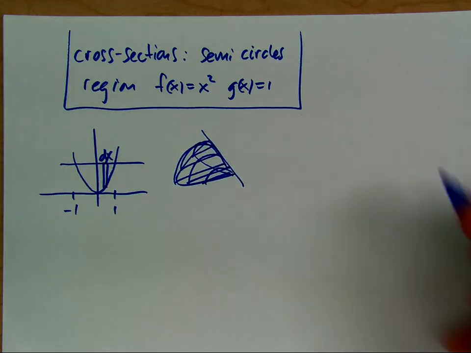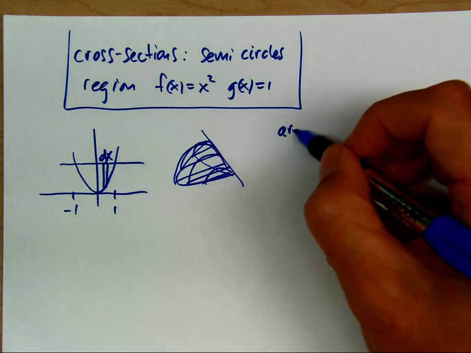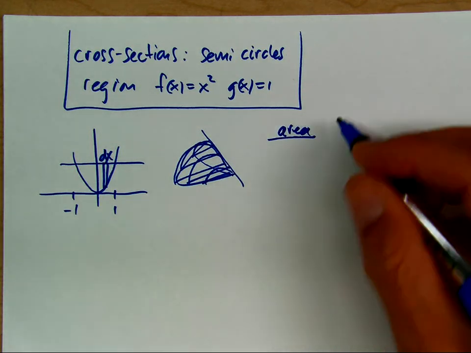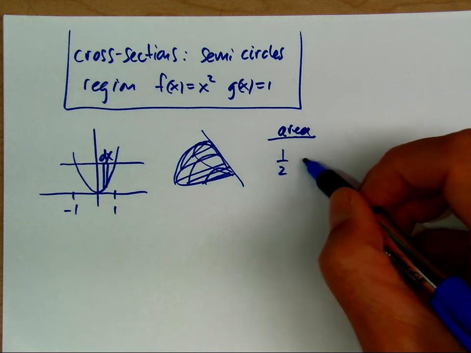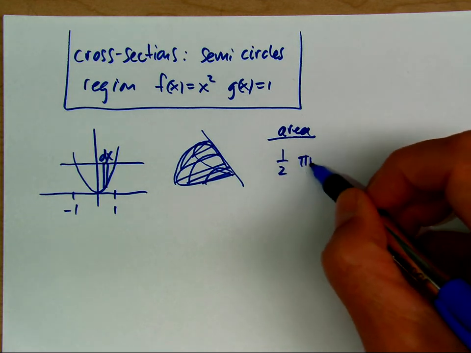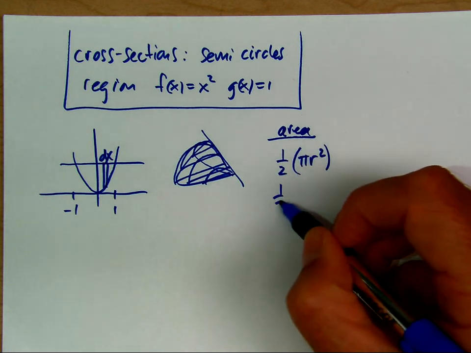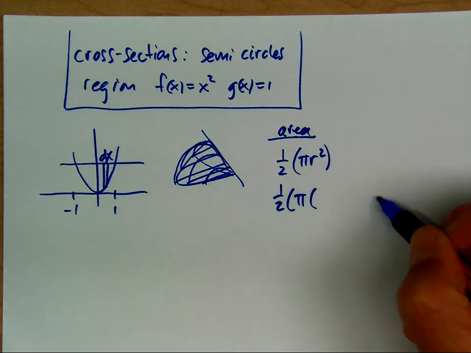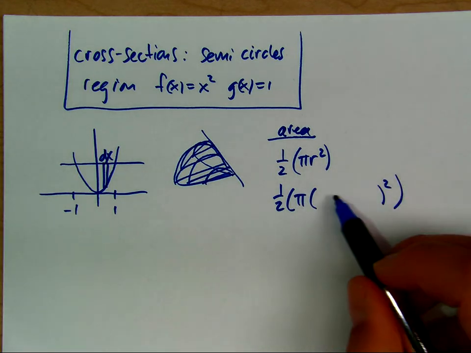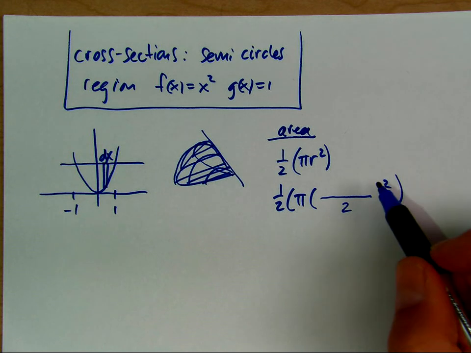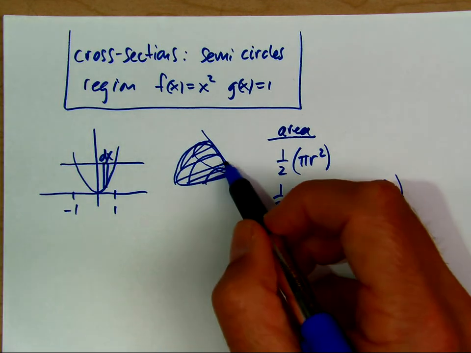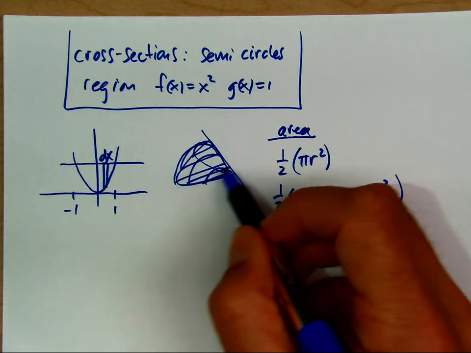And we need the area of a cross section. The area is 1/2 the area of a circle. That's 1/2 pi r squared. Then to find the radius, we have to do diameter divided by 2, and the diameter of the semicircle is top minus bottom.